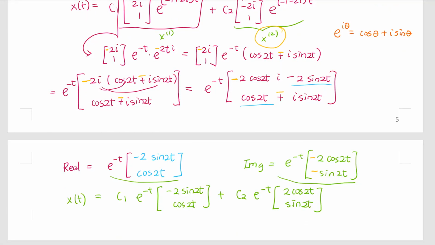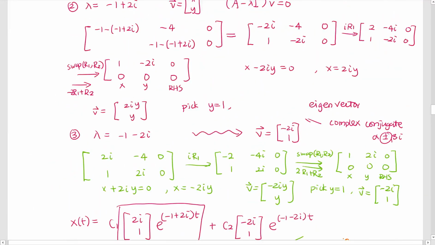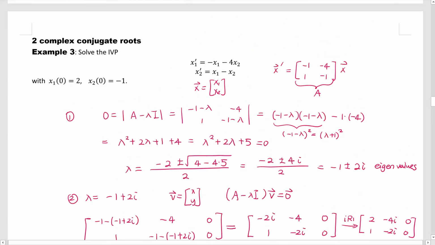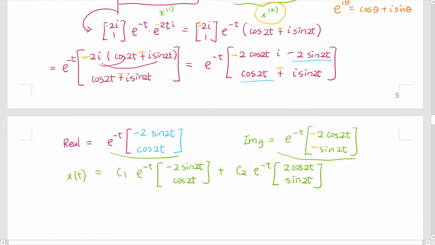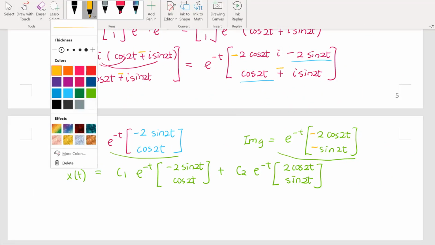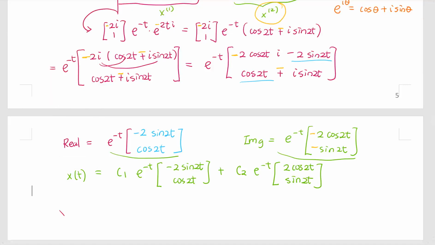Okay, are we done with this problem? No, I believe we have an initial condition. Yes, we have the initial condition x(0) equals 2 and -1. So let's plug in 0.